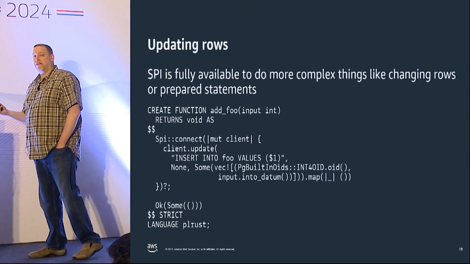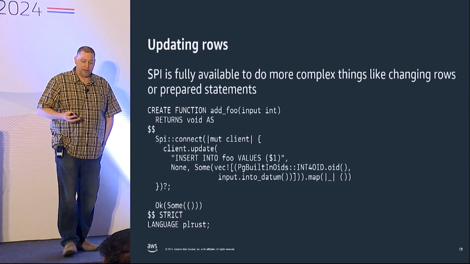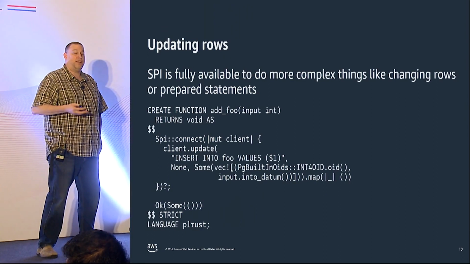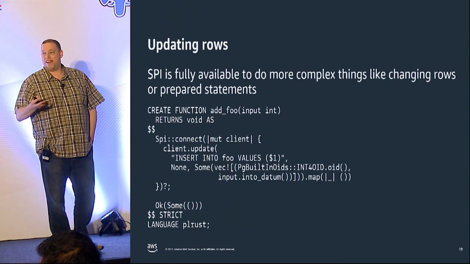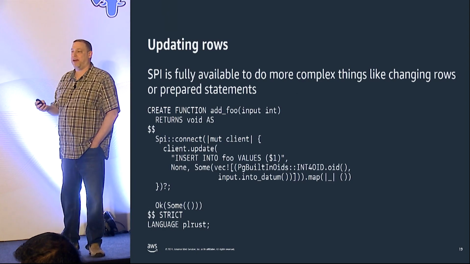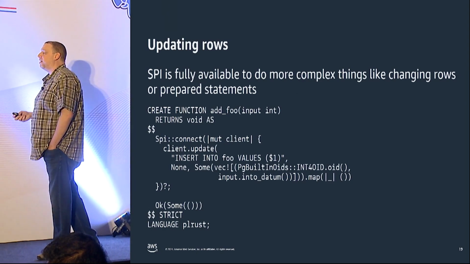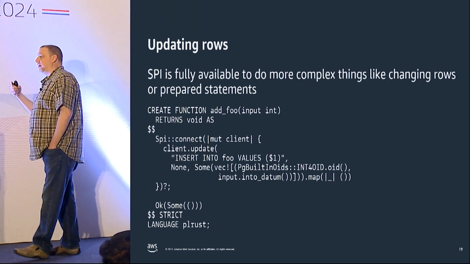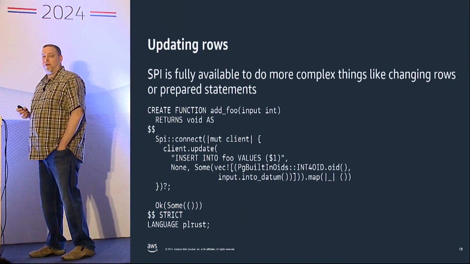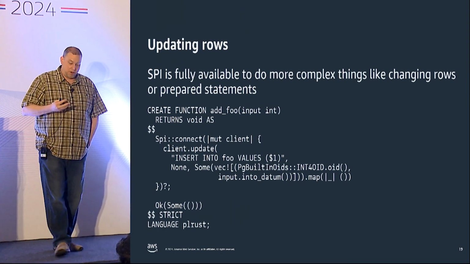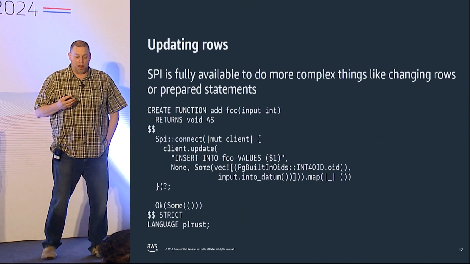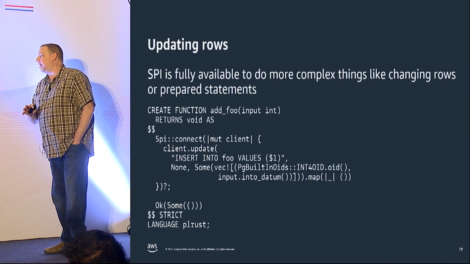But you can use full SPI. This way you could connect. You're not really connecting to the database, right? You're not creating another connection. It's just how SPI works. You're connecting in the context. But there you could do things like updating rows and create prepared queries and cursors and pretty much everything you need to do. You have full SPI access there.